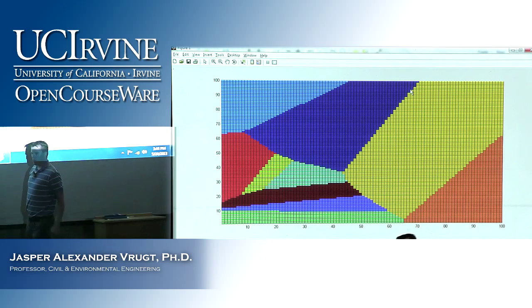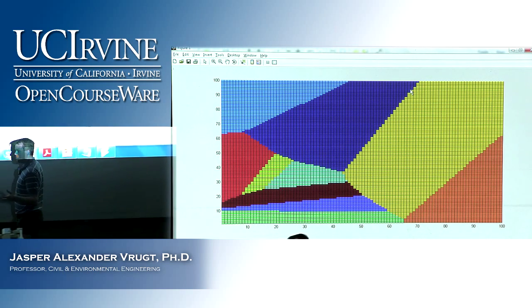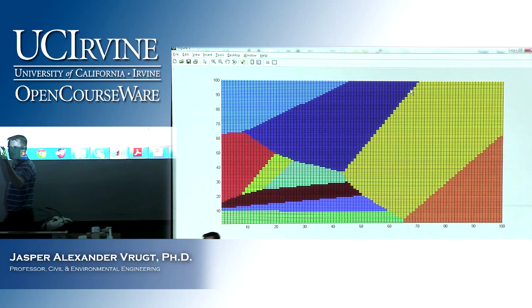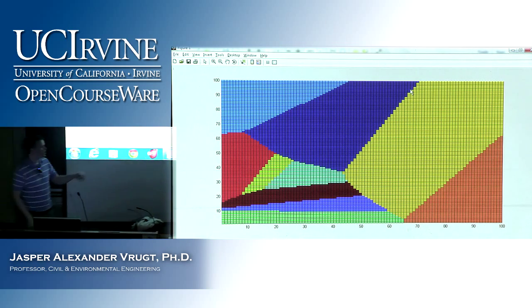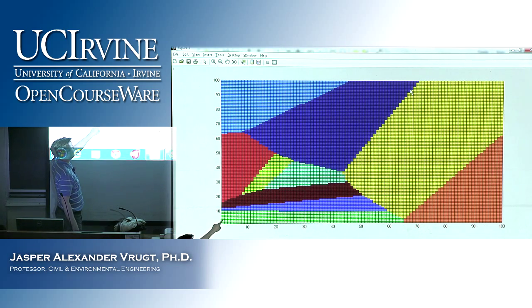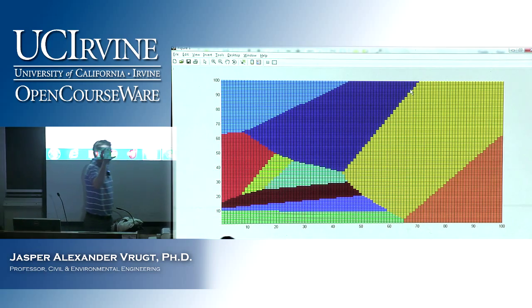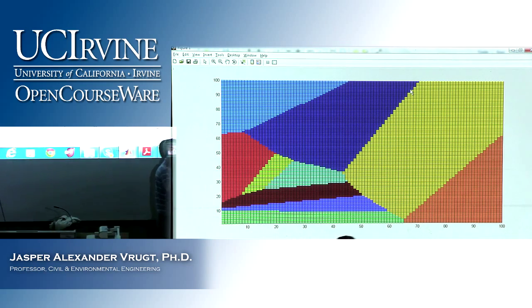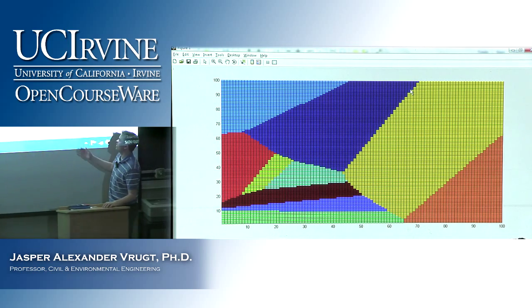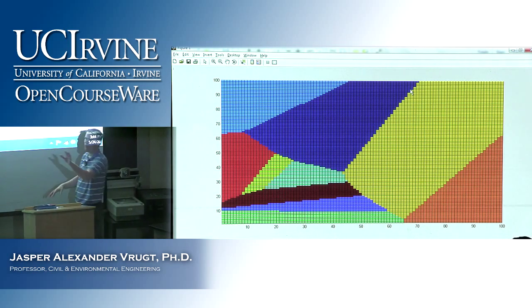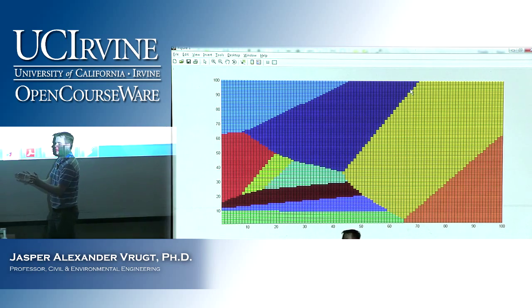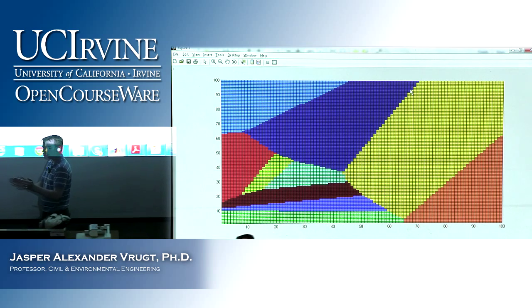So the question now is, based on the map that I gave you and the text file, you know for each grid cell 1,1, 1,2, 1,3, 1,4, the corresponding value of the soil type. So you have a file of 100 by 100 filled with numbers from 1 through 10.